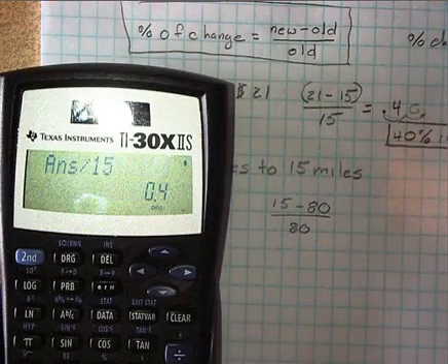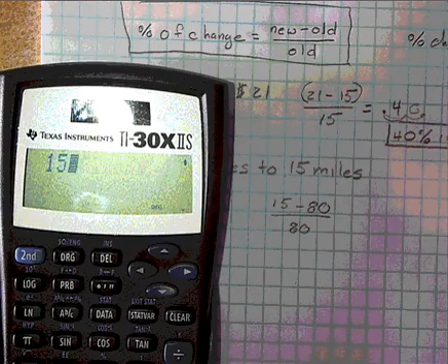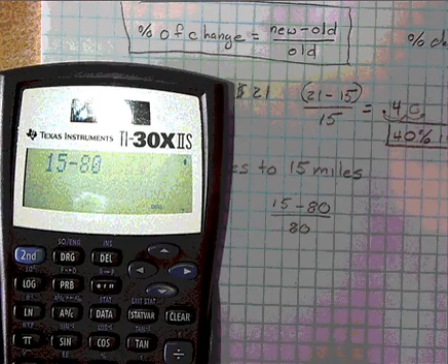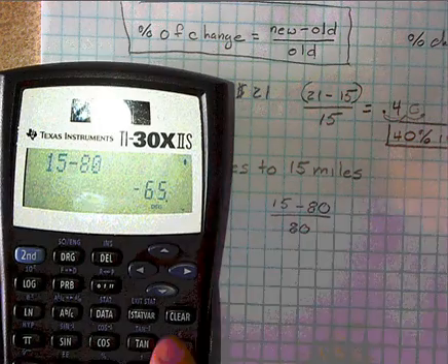So we're decreasing from 80 miles to 15 miles, but we're going to find it the exact same way. New minus old divided by old. So I'm going to do 15 minus 80, get my answer, then divide it by 80.